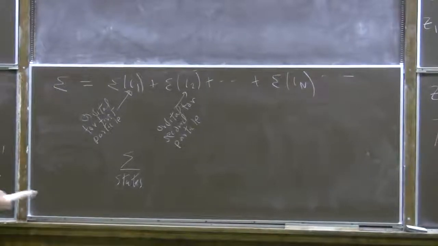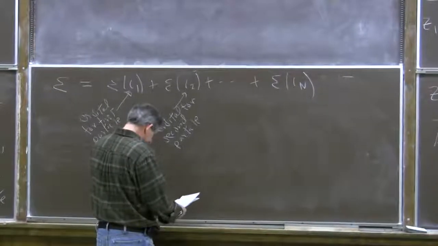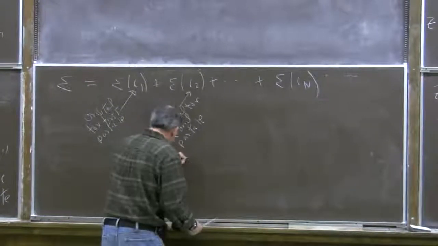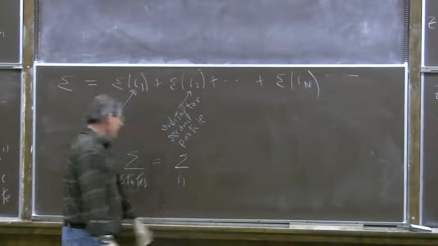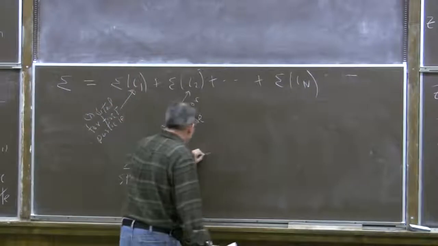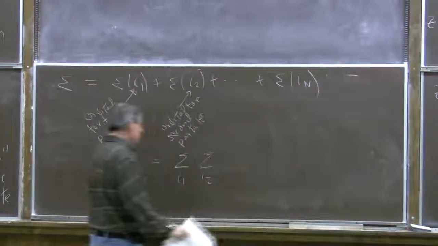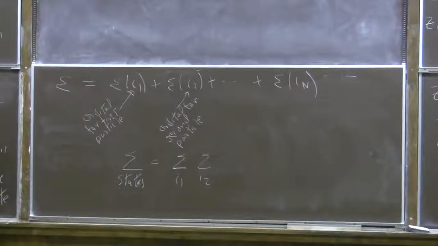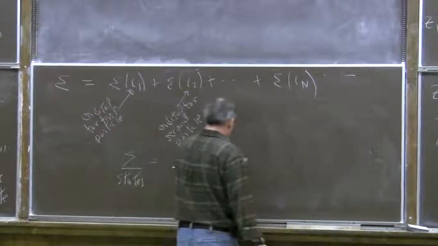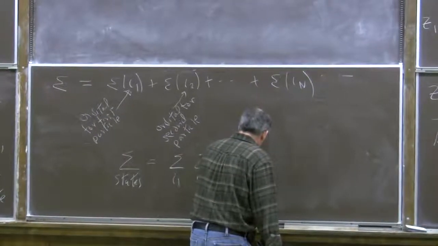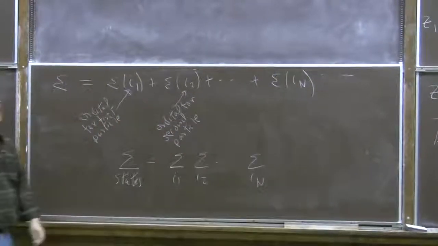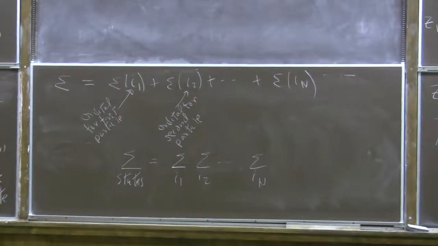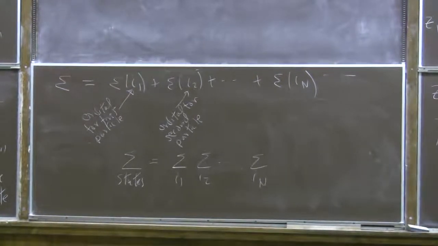So I sum the first particle over all the orbitals, which I'm labeling by an index I1. Sum the second particle over all the orbitals it could be in, and so on. I independently sum over the orbital occupied by particle k for k from 1 to n.